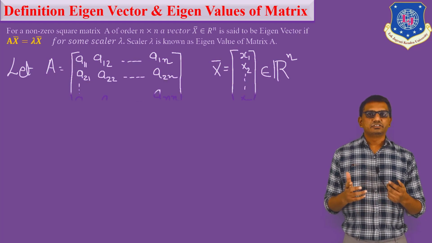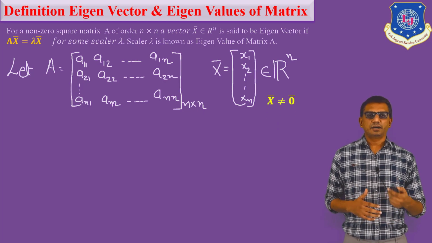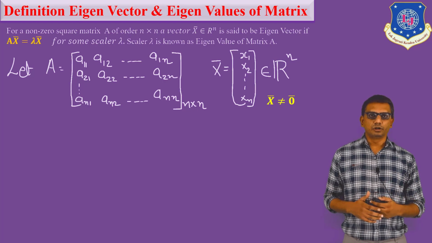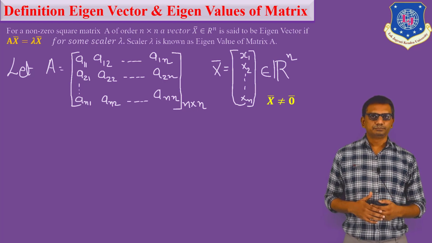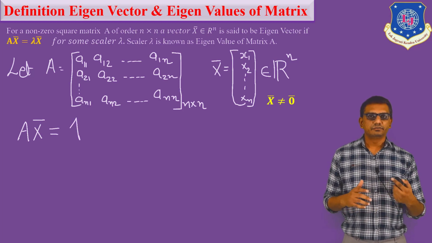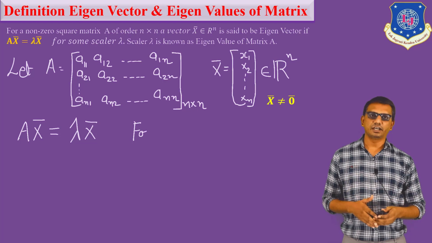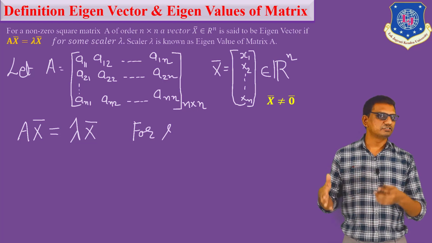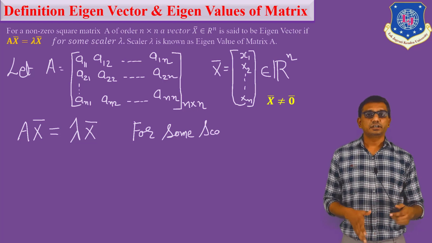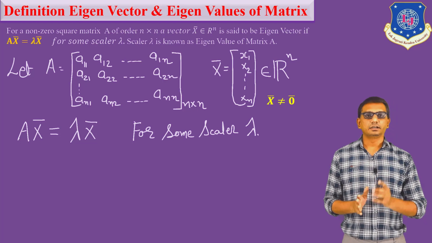So here this is our matrix A and its order is n cross n, x bar is an n cross 1 column matrix and it is a non-zero vector in R2. Now we multiply our x bar vector with matrix A. Here A is an n cross n matrix and x bar is an n cross 1 column matrix, so we can easily multiply them and the resulting matrix is n cross 1 and it is also a multiple of x bar with some scalar lambda.